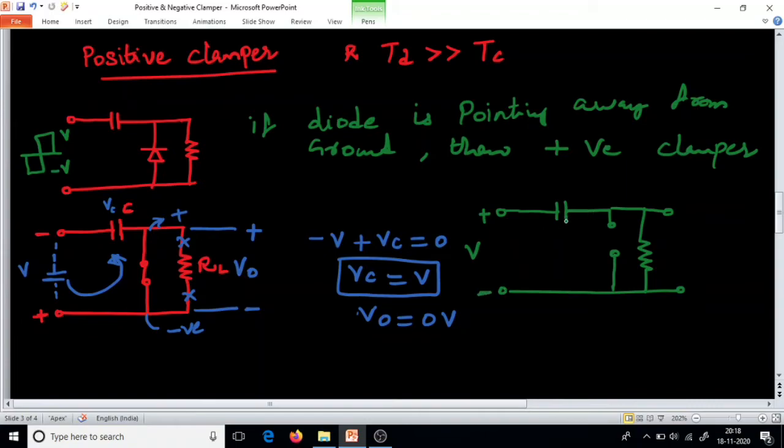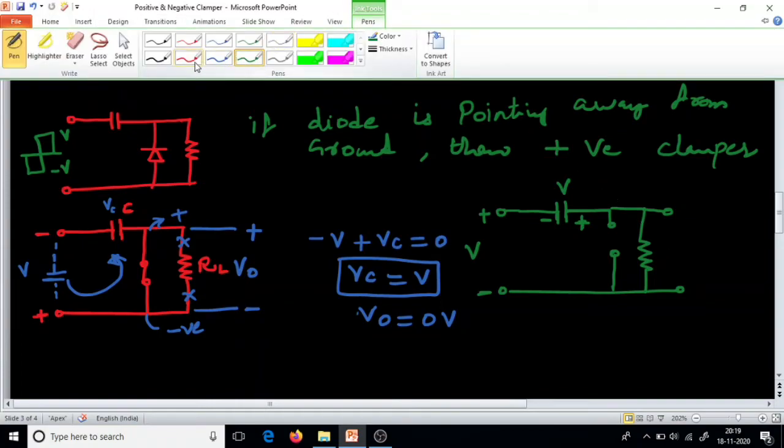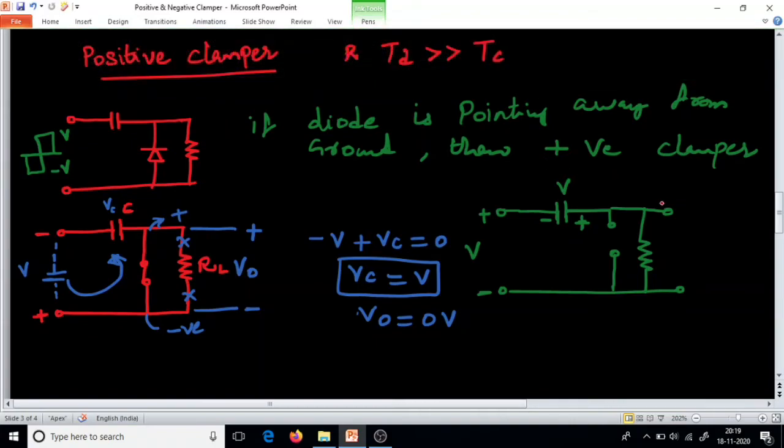Before this, our capacitor was charged, plus and minus, and the voltage across the capacitor is V. In the previous negative half cycle of the signal, it charged to V. Now we have to find V out. I am going to apply Kirchhoff's law here.